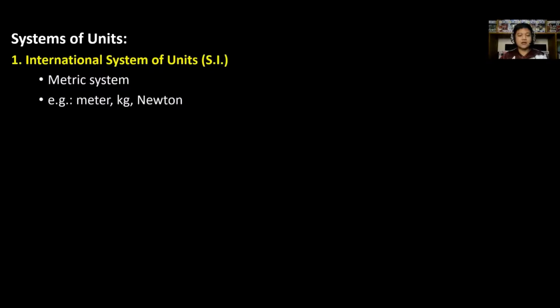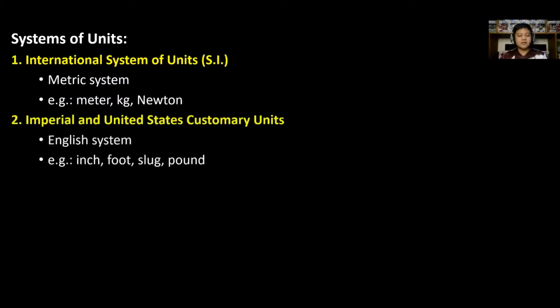For the two systems of units, first is the SI or International System, more popular as the metric system. Sample units are meter, kilogram, and Newton. The second is the Imperial and United States or US customary units, more popular as the English system.